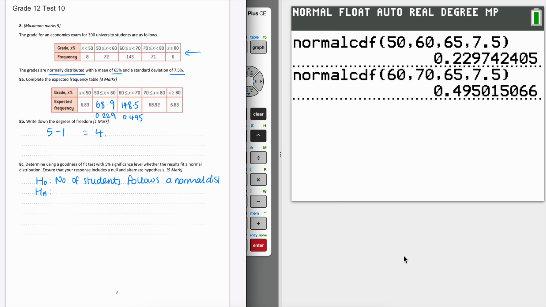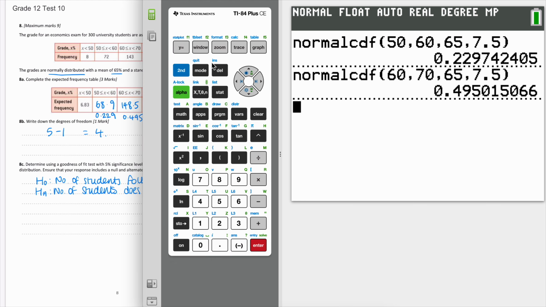And then the second one, the alternate, is that the number of students does not follow a normal distribution. Obviously, in the exam, you write it out in full, but the important thing is that the alternate is it does not follow.